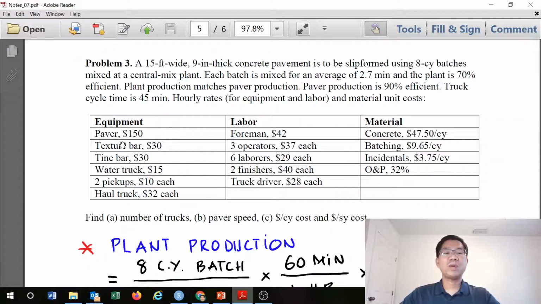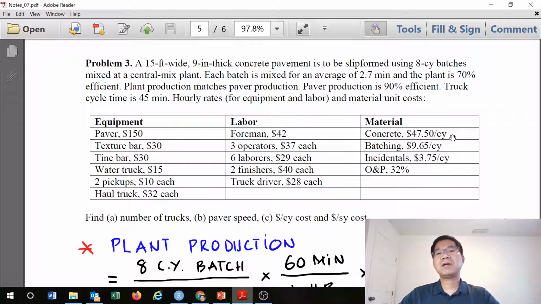Hourly rates for equipment and labor and material unit costs are as follows. So they give the equipment: paver, texture bar, tie bar, water trucks, 2 pickups, haul trucks, and then labor: 4 men, 3 operators, 6 laborers, 2 finishers, truck driver. And then material, we have concrete at $47.50 per cubic yard.